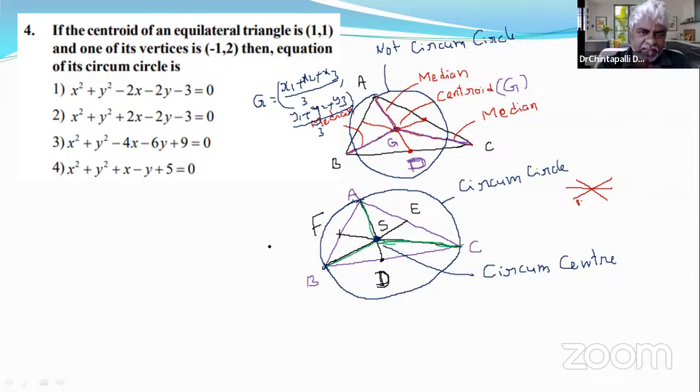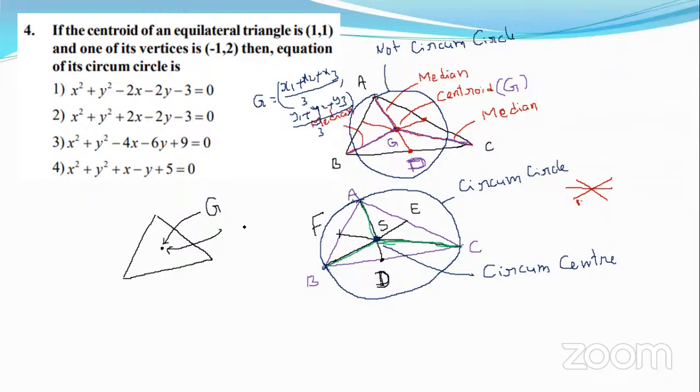Now, surprisingly, in one case, this is a triangle. If we find its centroid, it is its centroid. If we find its circumcenter, the same point is the circumcenter.